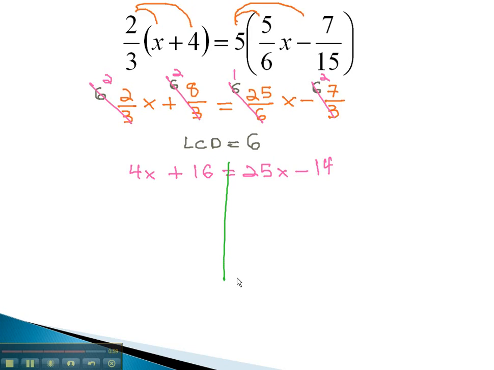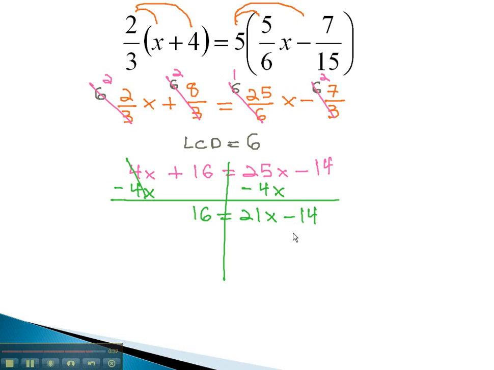Now, we are ready to solve this equation by balancing, getting the variables on one side. We can do that by moving the smaller one, subtracting 4x. Now, we have 16 equals 21x minus 14. It's a two-step equation.